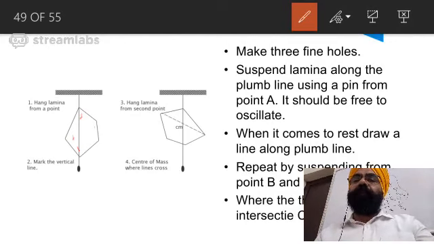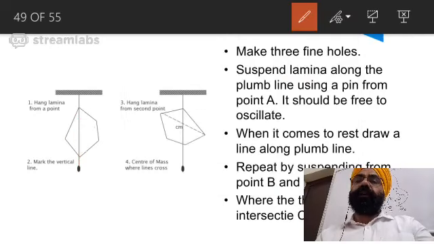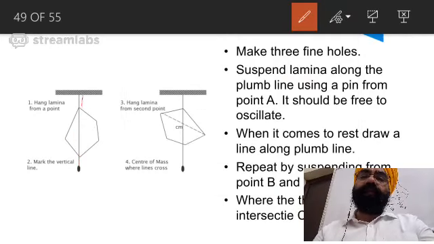So we use a plumb line on the same needle, and then we draw a line parallel to the plumb line. Now once we have done this, we remove the irregular piece from that hole, and we put it to the second hole, the B hole.